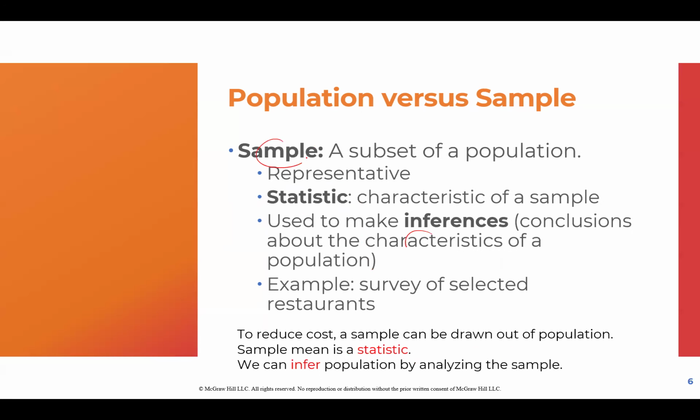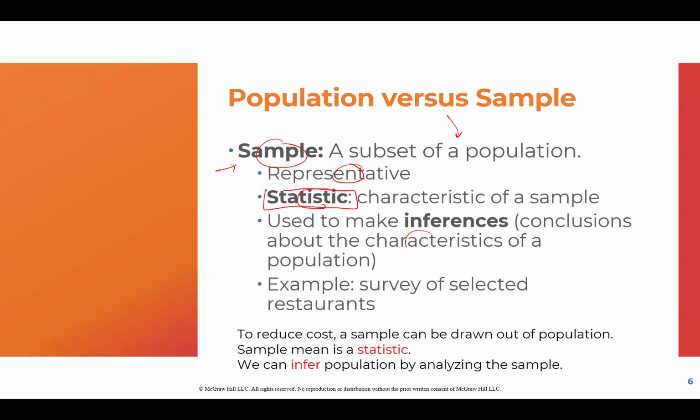A sample is a subset of the population. It's representative of the population. The sample size, for example, is a statistic. The mean value of the data points you collected in the sample is a statistic. The standard deviation too. The minute you say sample, everything that you find are statistics.